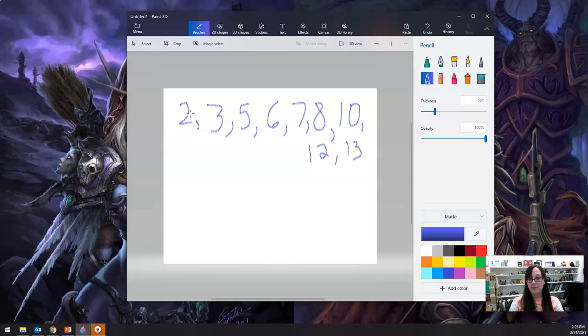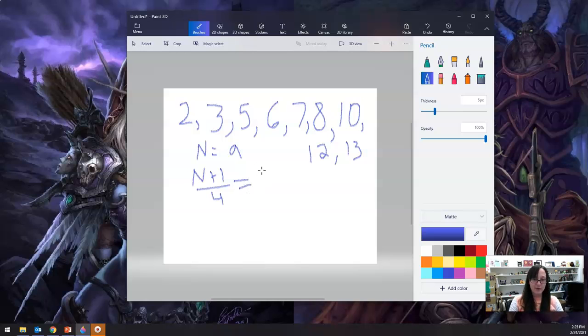So now our n is 1, 2, 3, 4, 5, 6, 7, 8, 9. So we have an n of 9. All right, so the first position is going to be n plus 1 over 4. So it would be 9 plus 1, so 10 over 4.